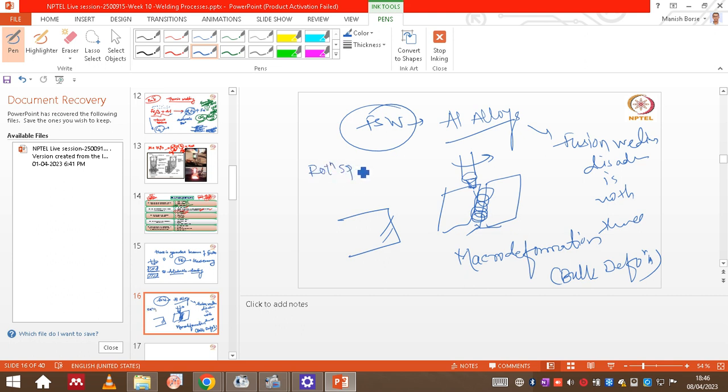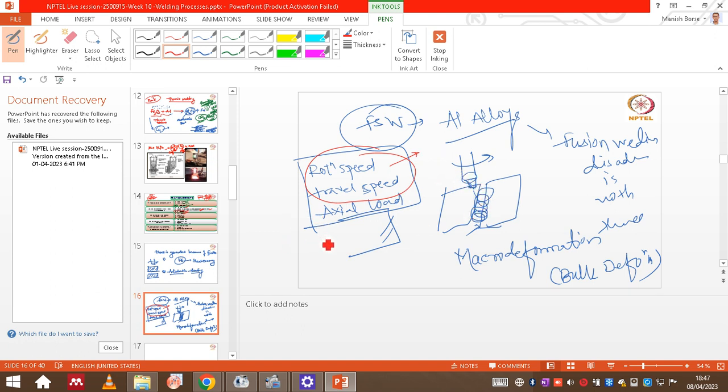Like, I will just list down here: rotation speed, travel speed, axial load. Okay, and these are the main factors. Among these, these two are more related to heat generation.